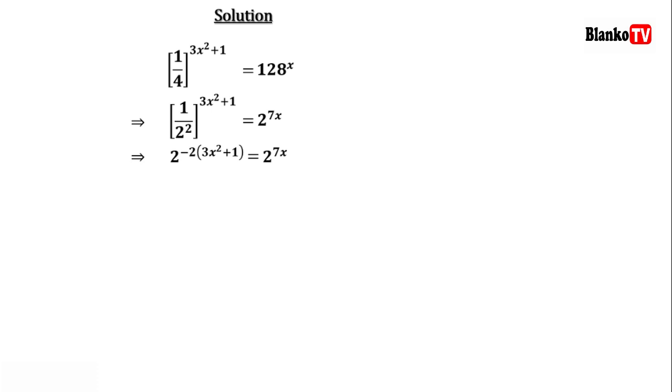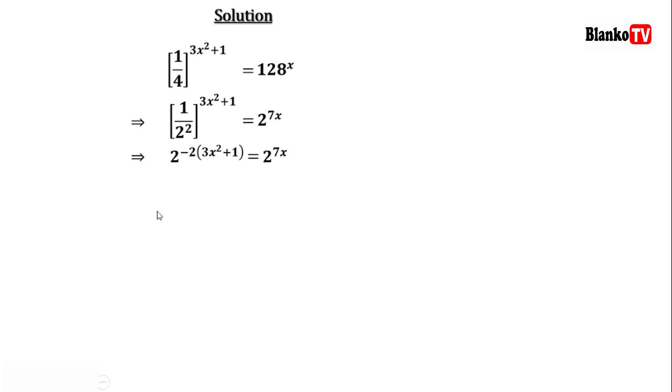Since it's an exponential equation, we always write the equation in such a way that the bases on the left and on the right are the same, so that we can equate the indices or the powers. I hope you are following it.